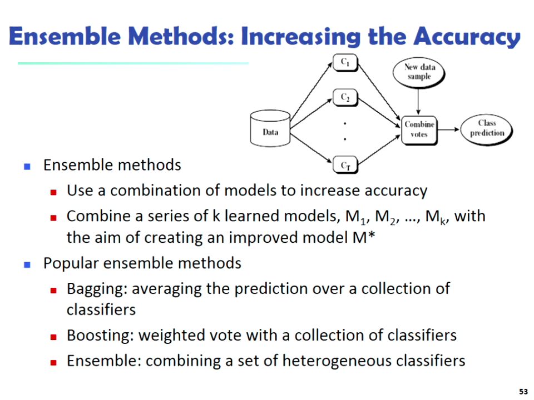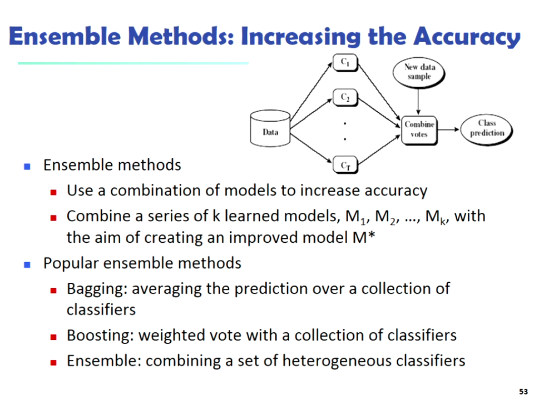There are also many techniques to improve classification accuracy, such as ensemble methods. Ensemble methods mean we use a combination of models to increase accuracy. We combine a series of k learned models with the aim of creating an improved model.